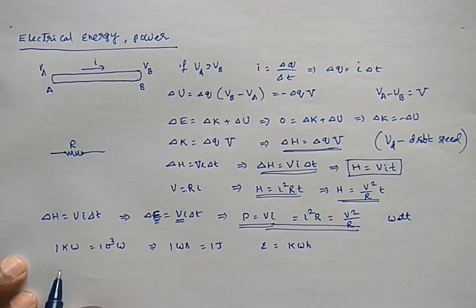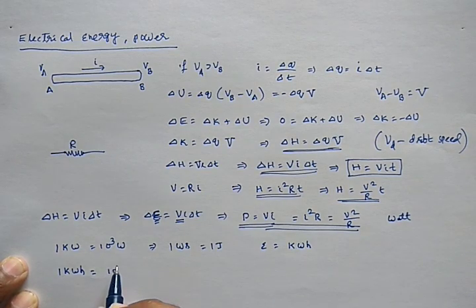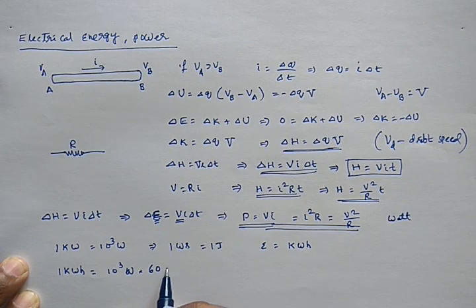So 1 kilowatt hour equals 1 kilo, which means 10 power 3 watt, and 1 hour equals 60 minutes, and each minute is 60 seconds.